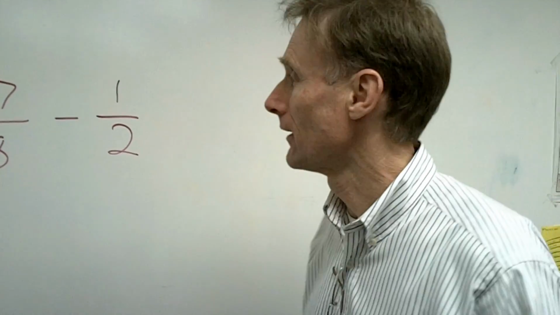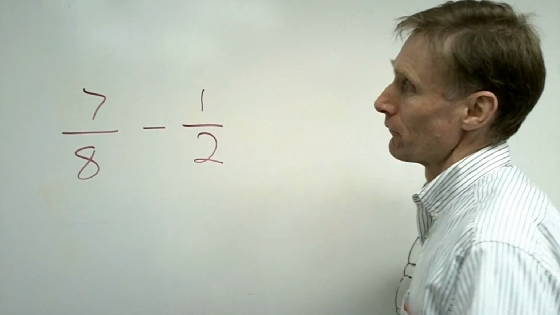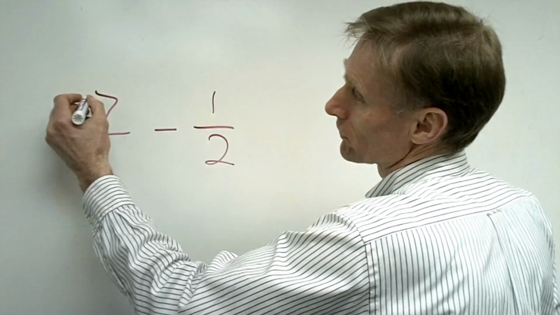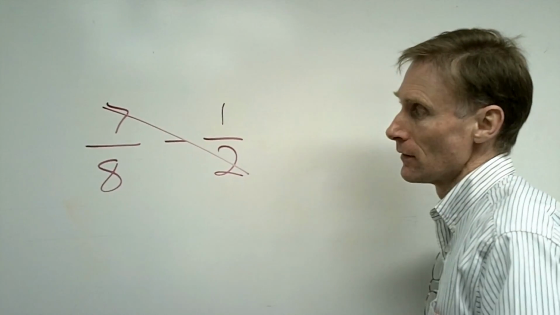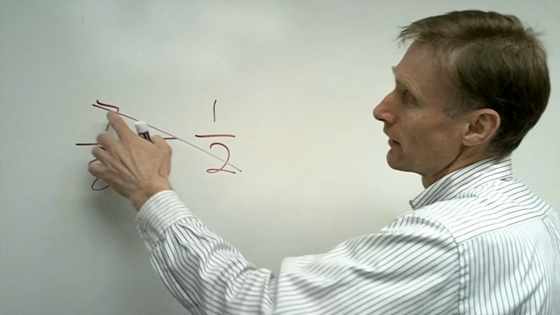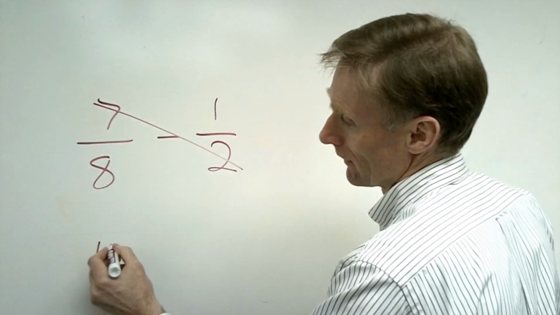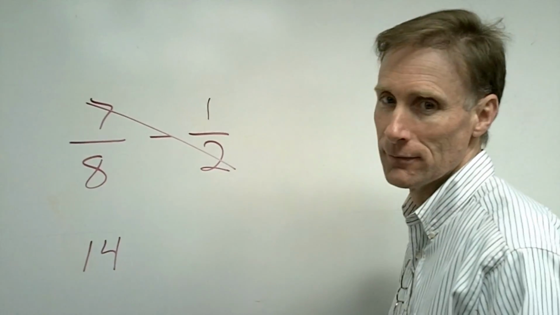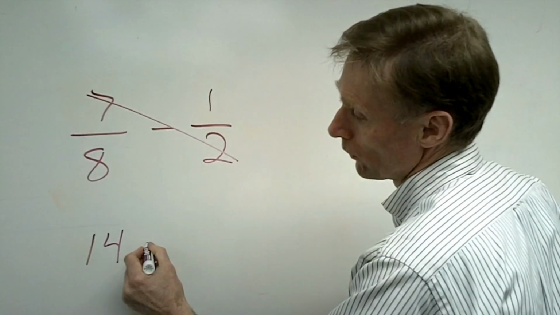Now that you've had a moment to work on this, let's see if you got the right answer. First thing we do is we will start where? That's right, top left. Multiply down, and you get 7 times 2, and we got, that's right, 14. What's our sign? Again, you do what you're told.